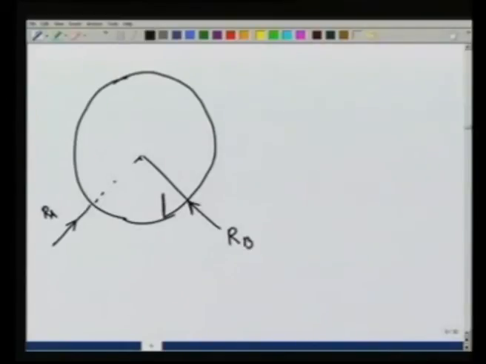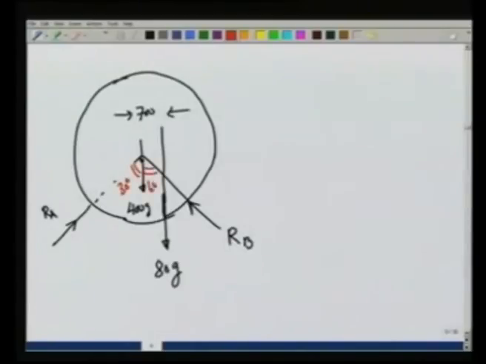The man is at this distance 700 millimeters. There will be a force of 80 g acting this way, and there is a force of 400 g acting this way. The angles are given to be 30 degrees and 60 degrees here.